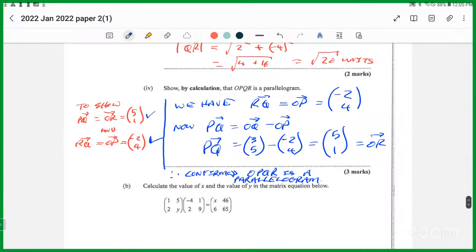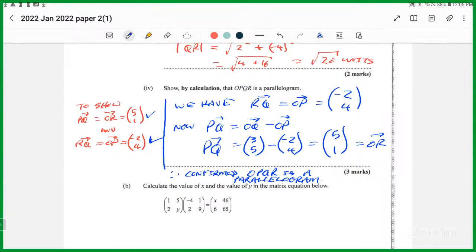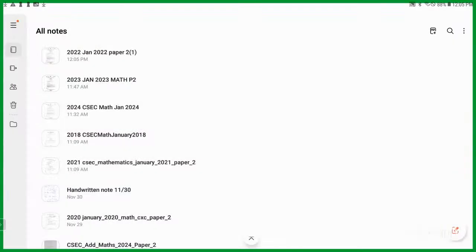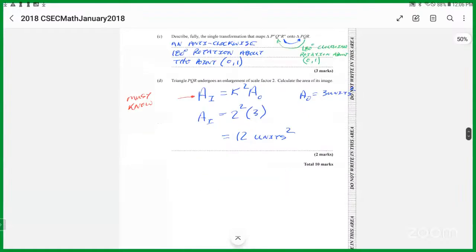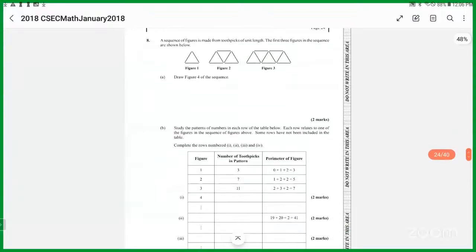Alright, that's 2022. Let's look at 20. I think that I want to do a particular question, and I don't want to end the session without doing that question. So let me go for it. I think it's 2018. I really want to make sure we do this question. But I like to set parallelogram questions.